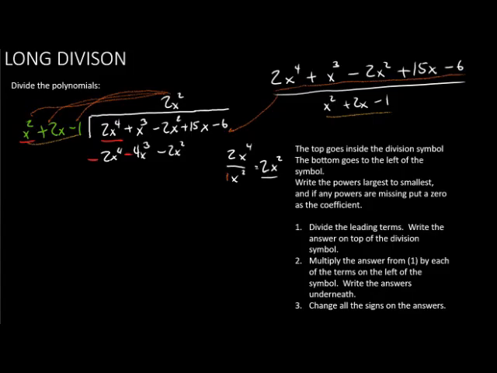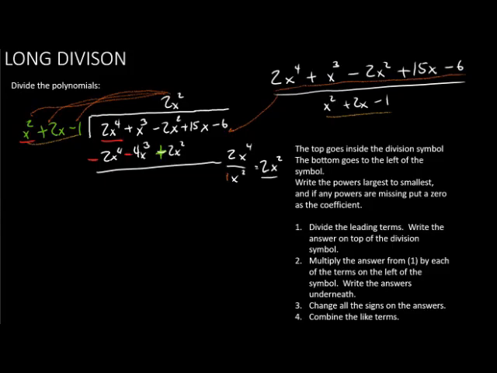The 4x to the third becomes -4x to the third. And then -2x squared becomes +2x squared. Once we've changed all of those signs, now we either add or subtract to combine the like terms. Notice how when I wrote the like terms, I placed the powers for my like terms underneath the power that matched them above.